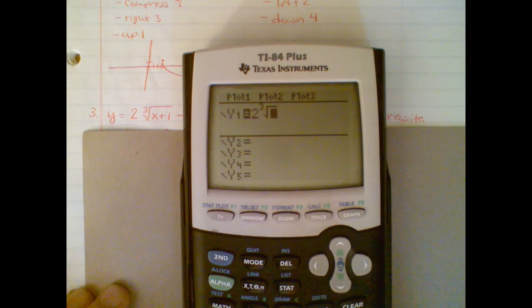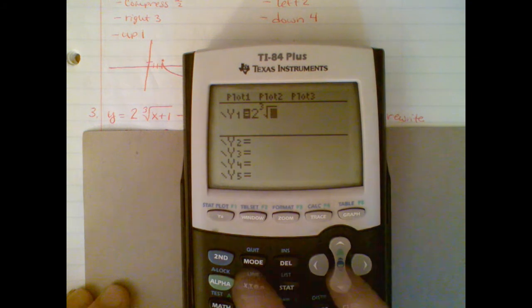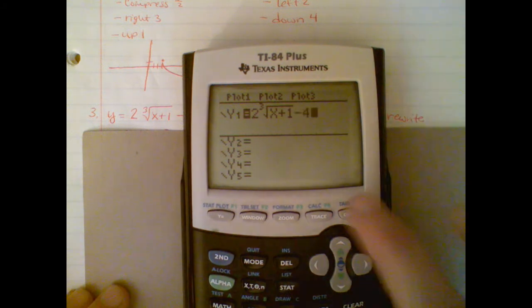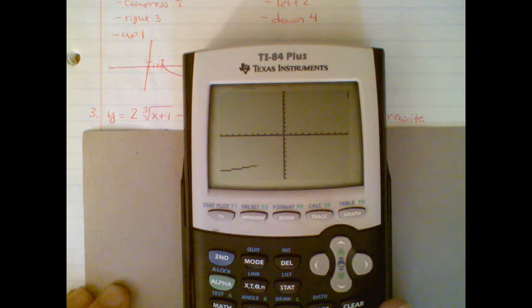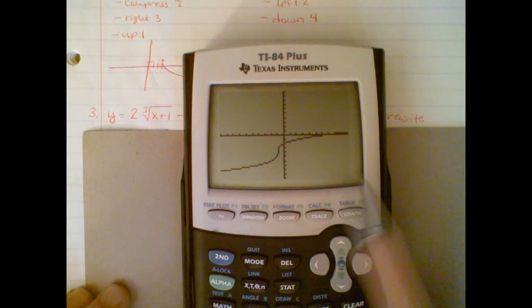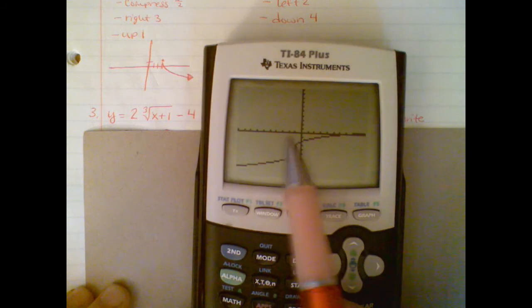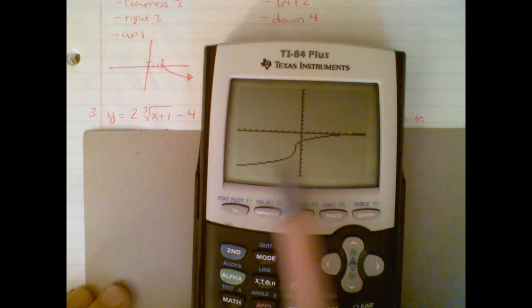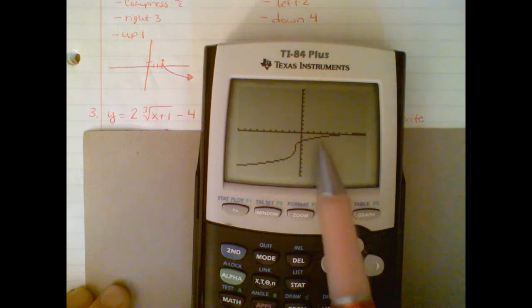So we go to the cube root of x plus 1, and then minus 4. Click graph. And notice this is kind of looking like a slanted S or a curvy S. And another thing to notice, it went to the left 1 and then down 4, and that gives you right in the middle of that curvy S. And then it's stretched, so you can kind of see that S is stretched out.